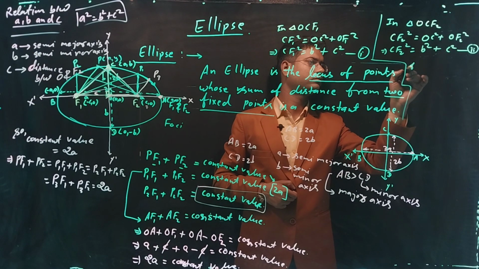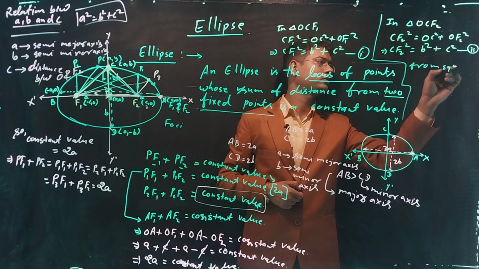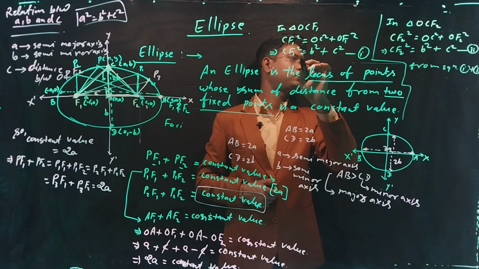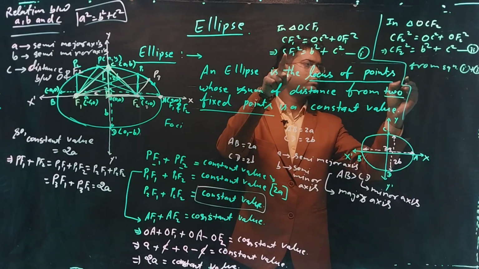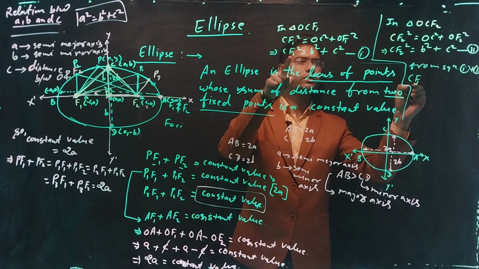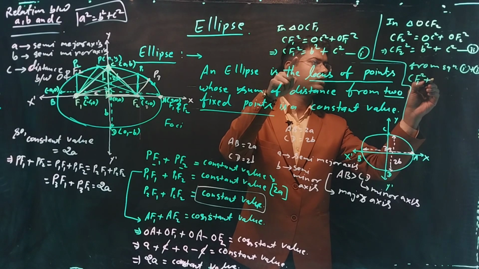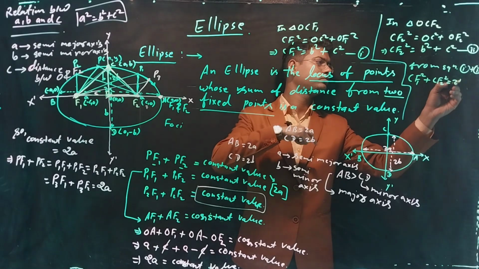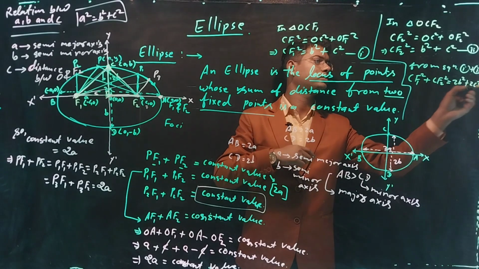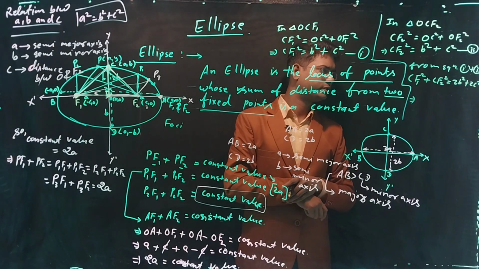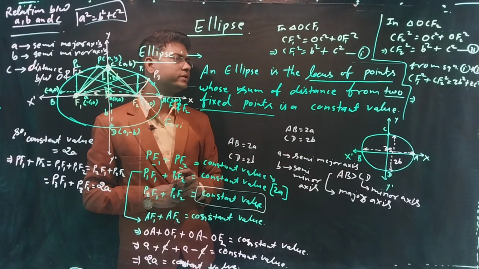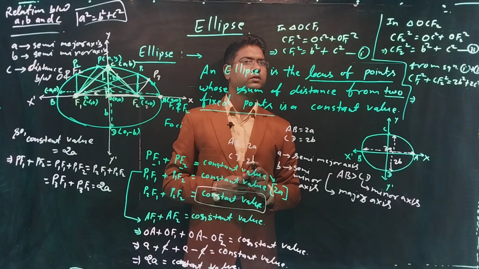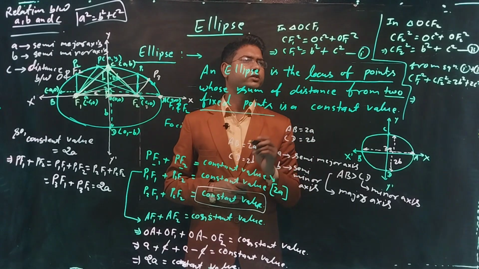Now I am going to add both equation first and second here. From first plus second, we can write CF1 square plus CF2 square is equal to 2B square plus 2C square. This implies, students, that there is a mistake in equation first and second. We need CF1, not the square.